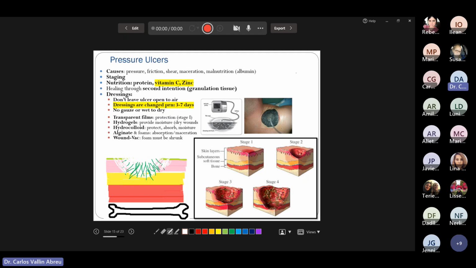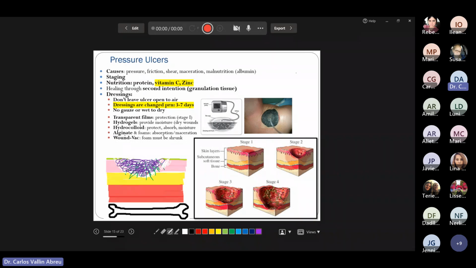So when there is a lot of secretion, a very moist ulcer, something should be placed there to absorb this excess of moisture. The best is not gauze. No, it's not the dry gauze.